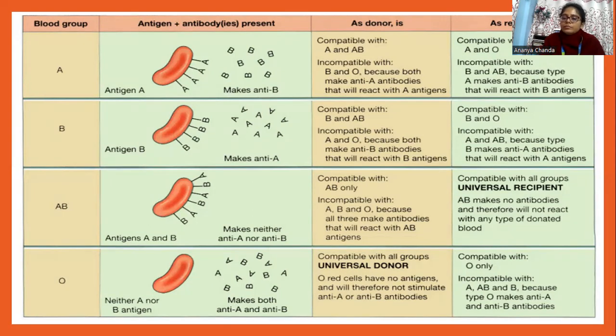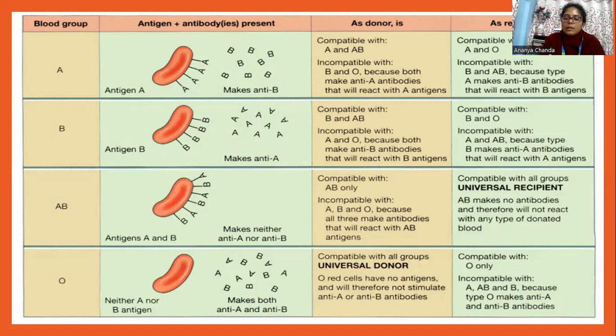Then comes from whom it can take the blood. It can only take blood from the O type. Why? Because type O makes what?